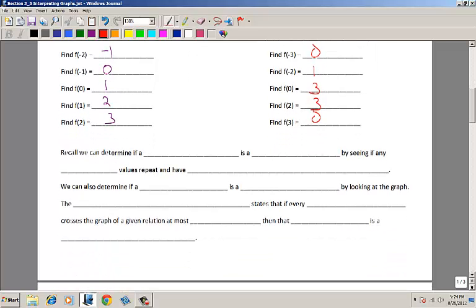Recall, we can determine if a relation is a function by seeing if any domain values repeat and have different range values.